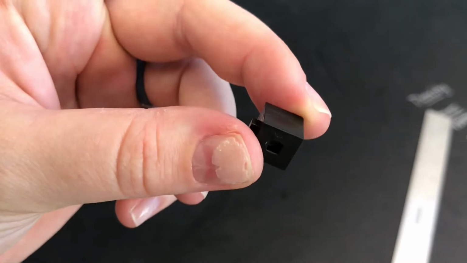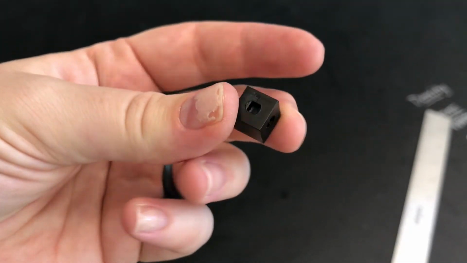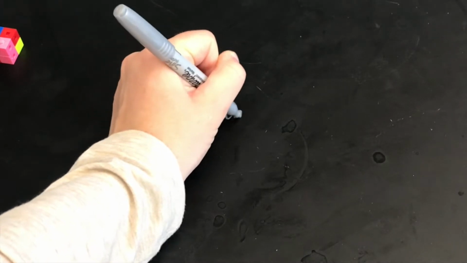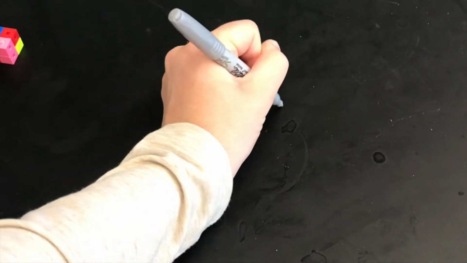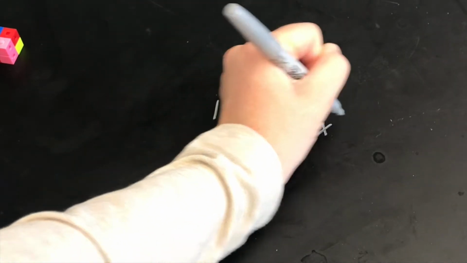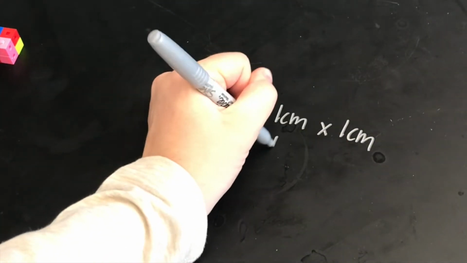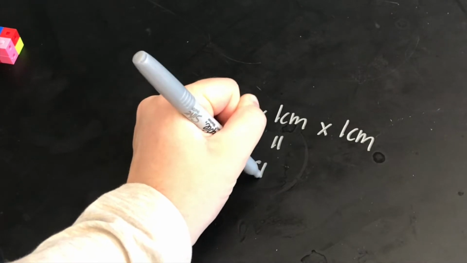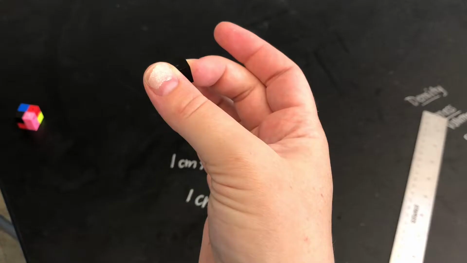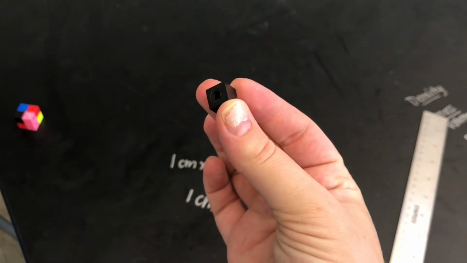This cube is a cubic centimeter. That means the volume of it is 1 centimeter by 1 centimeter by 1 centimeter. And if we multiply all of these together, we end up with 1 centimeter cubed. That's the volume of this cube.